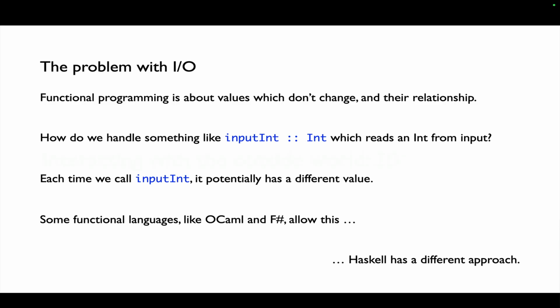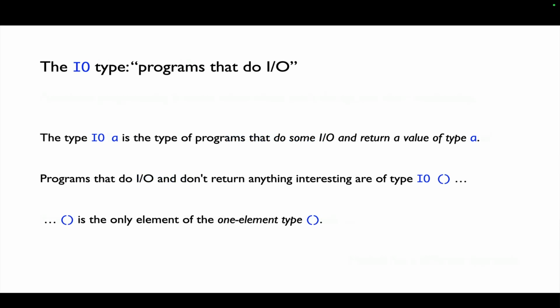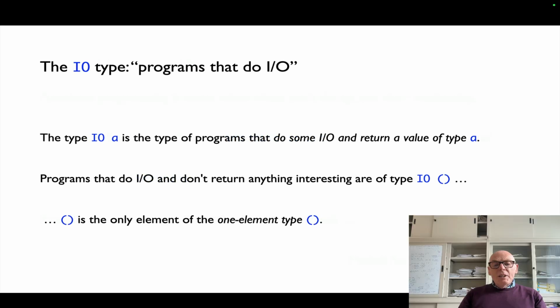So what Haskell does instead is it has an I/O type, and these are programs that do some I/O and return a value of type A. And the programs that do I/O and don't return anything interesting are of type I/O unit, where we say parenthesis.